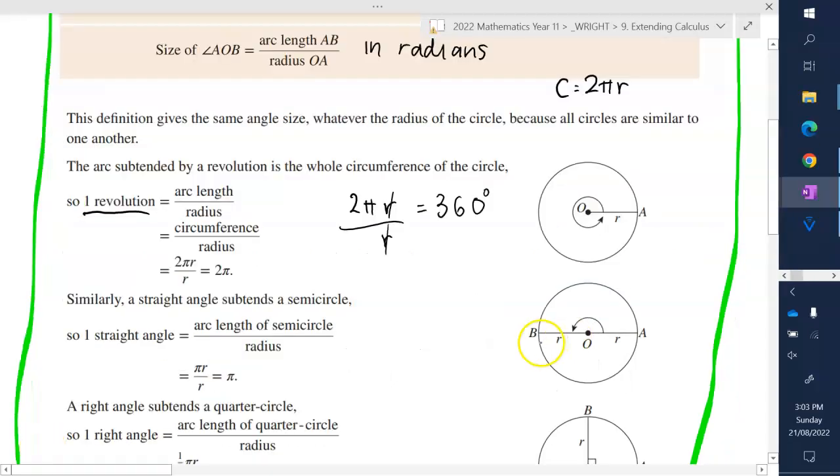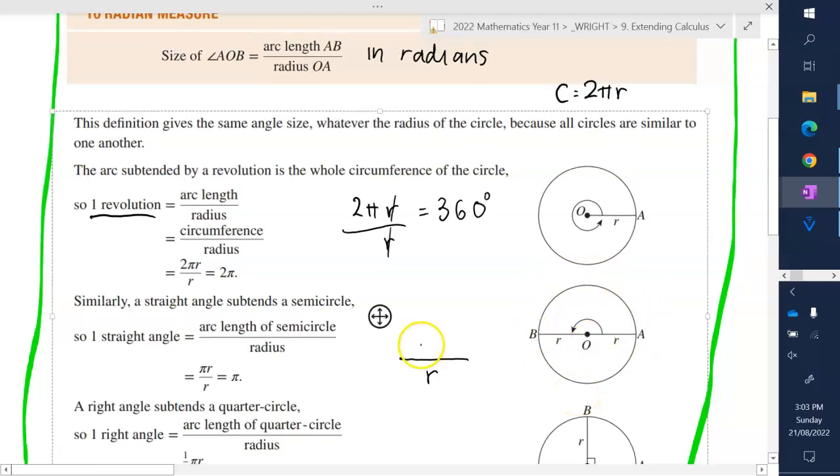Secondly, let's imagine we had half a circle. We're going to again have a look at the arc length divided by the radius. So we know our radius is r, but our arc length in a whole circle is 2 pi r. So our arc length in half a circle is half of 2 pi r, which is just pi r.